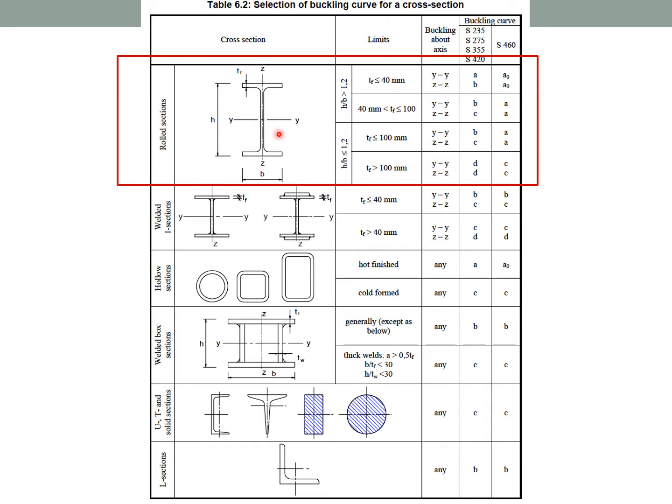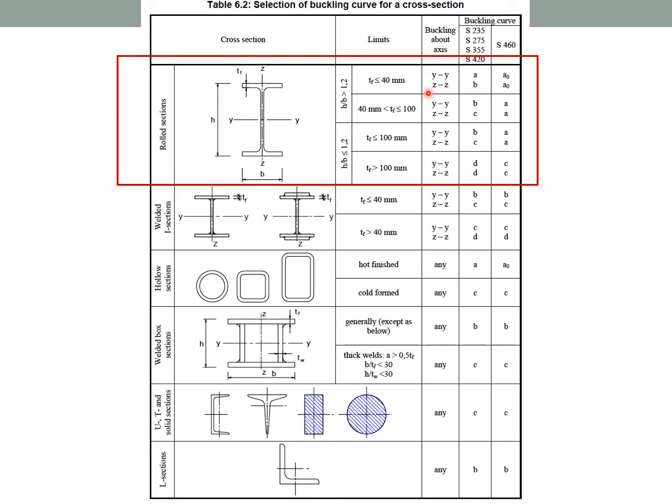The first thing that you have to do is to check the H/B ratio, whether it is greater than 1.2 or less than 1.2. Then you check the value of flange thickness, TF, whether it is 40 mm or less, or in between 40 and 100 mm. And then you need to identify the buckling about which axis you are going to check, whether you check for major axis YY or minor axis ZZ.